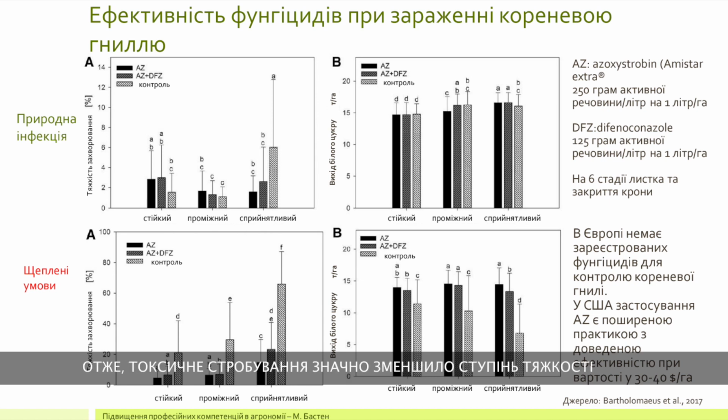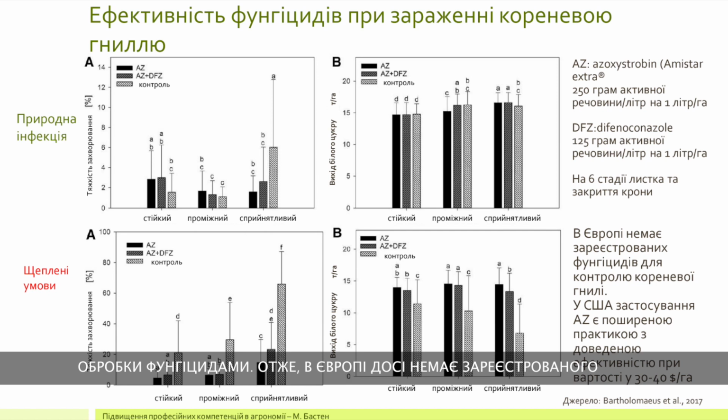Azoxystrobin, Amistar Xtra, has decreased the disease severity quite significantly, almost in all varieties. And also the white sugar yield has responded to the application of the fungicide. The most, of course, in a susceptible variety, the least in a resistant variety, but even under very high root rot pressure, we see an effect of the fungicide treatment.